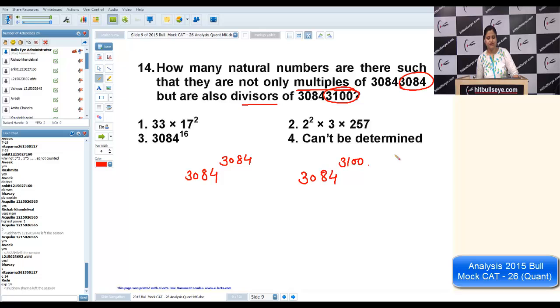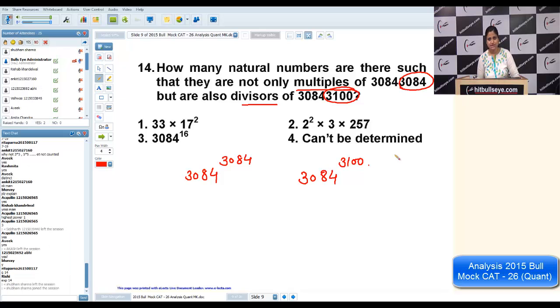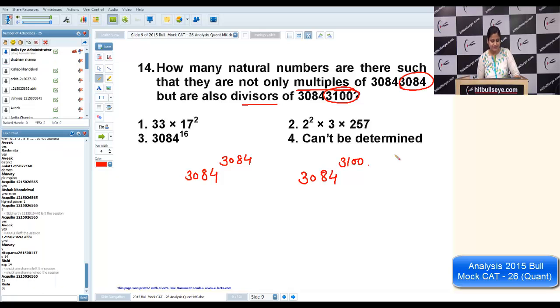What is the thing given here? How many natural numbers are there such that they are not only multiples of this, but are also divisors of this? See, can you tell me a multiple of 6? Say any multiple of 6. Yes, 12, 36, 18, or we can say 6 table.